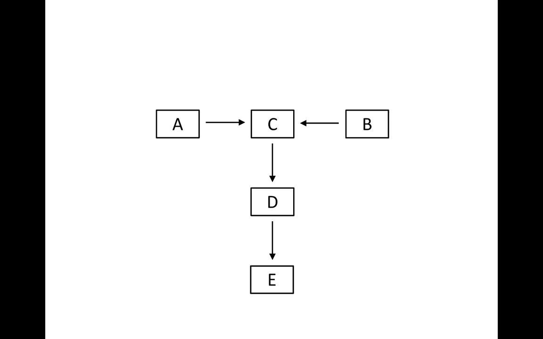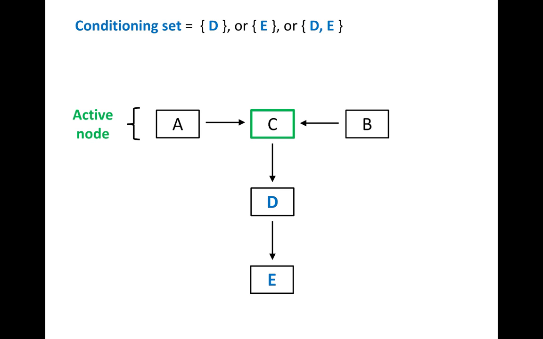In this graph, for example, for the undirected path from a to c to b, if we condition on d, or e, or both d and e, the collider at c will become an active node. The same idea does not hold for ancestors of colliders, nor does it apply to conditioning on the descendants of a non-collider. Conditioning on a non-collider flips it to inactive, but conditioning on the descendant of a non-collider does nothing.